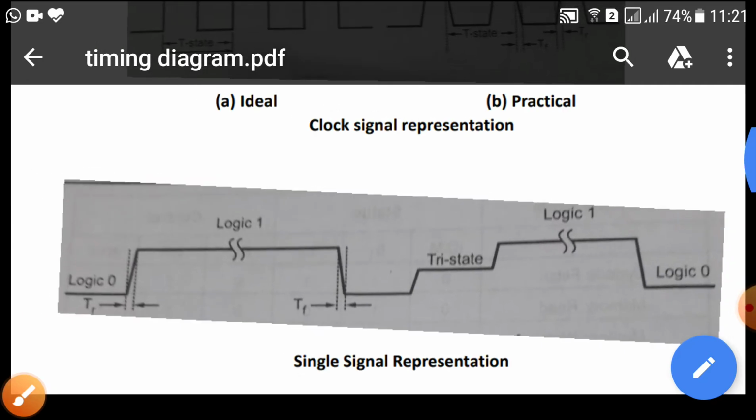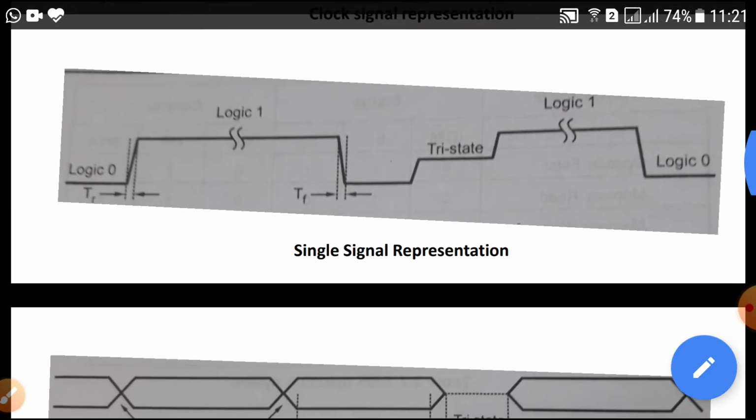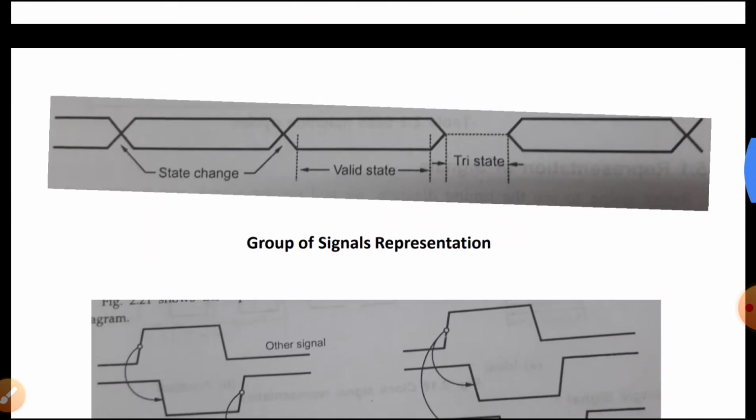This is how the single line signal representation is done.